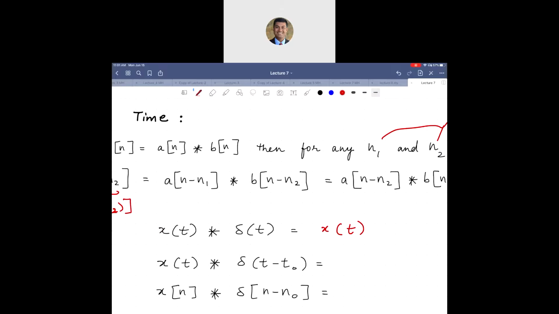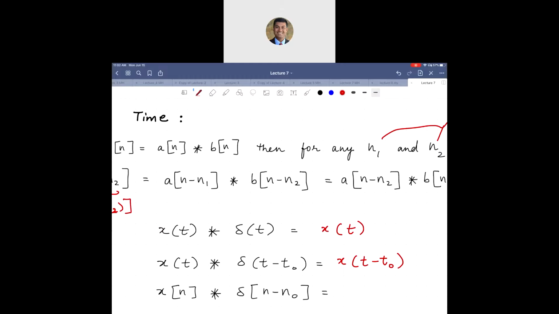Using the time shift property that we just laid out, x of t minus t0. Because the impulse is shifted by t0, the output gets shifted by t0. This is using the time shift property that we just laid out.